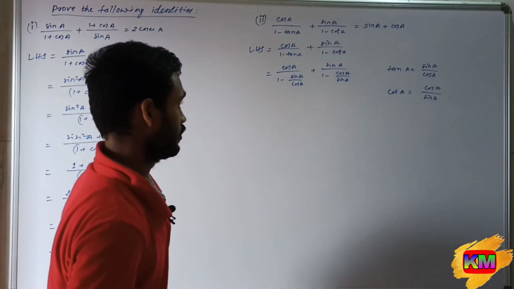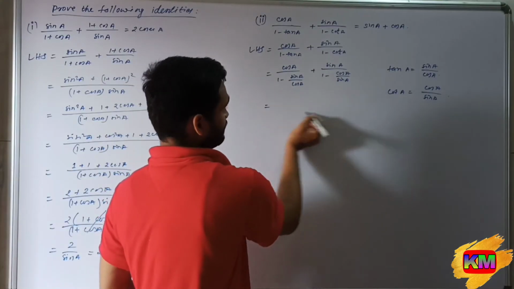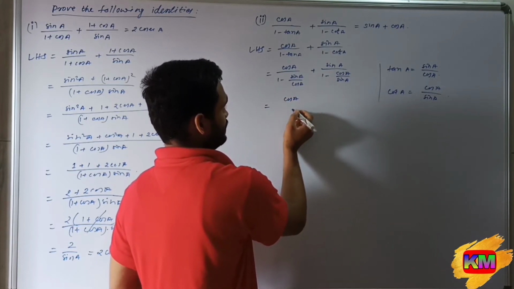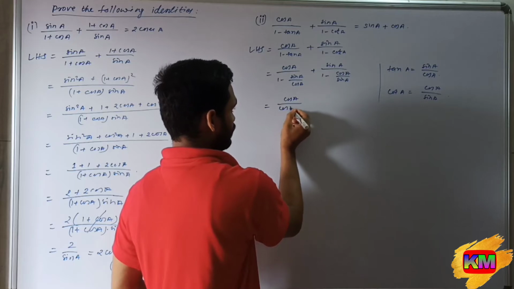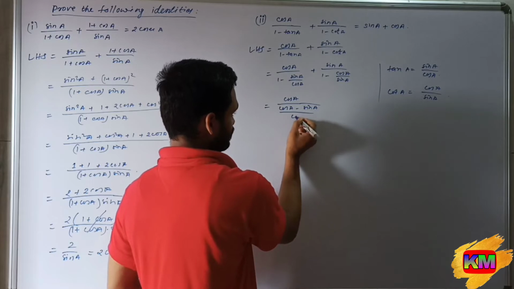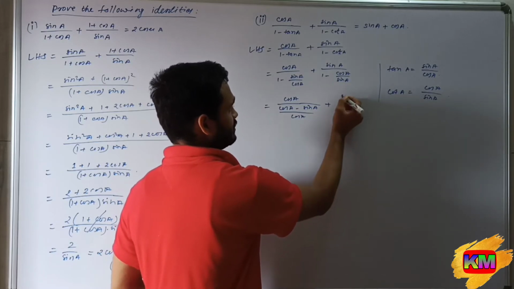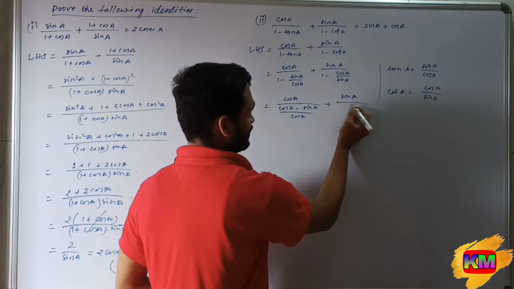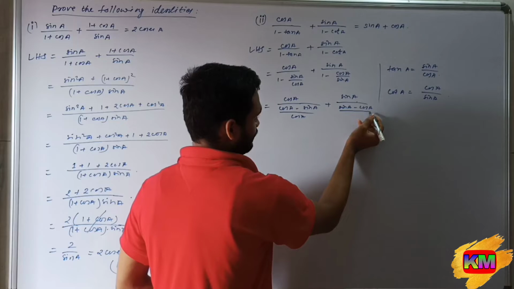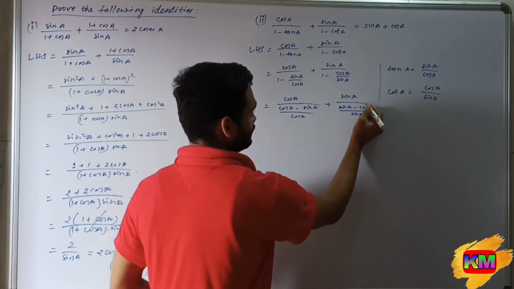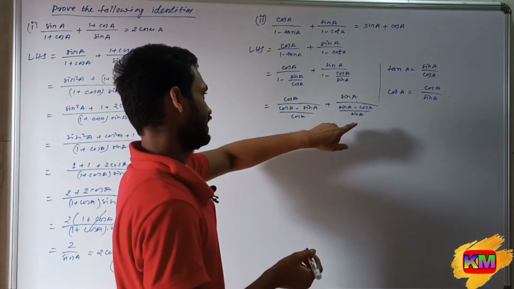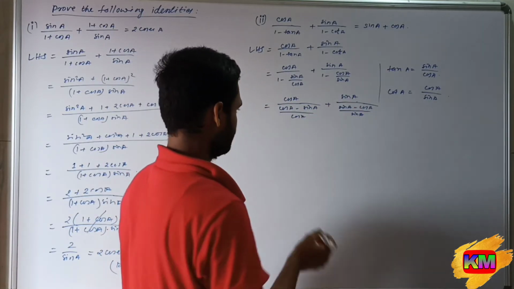Okay, so now we will solve this and we will get the result. So it will be cos A divided by cos A minus sin A, divided by cos A, plus sin A divided by sin A minus cos A, whole divided by sin A. So in the next step this cos A will be the numerator, and here this sin A will also be numerator.